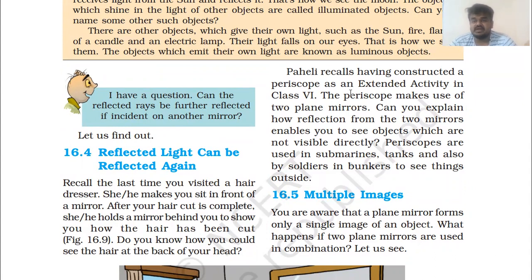The periscope makes use of two plane mirrors, arranged in an S shape, one mirror at one L shape and the second at another L shape. Can you explain how reflection from the two mirrors enables you to see objects which are not visible directly?